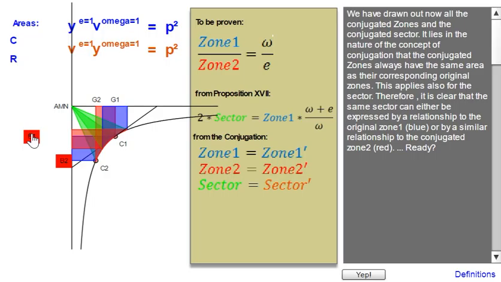So now you basically follow the same principle as we already did in the parabola. You have a zone 1 originally, but you also have a zone 1 dash as a conjugated area on this curve.